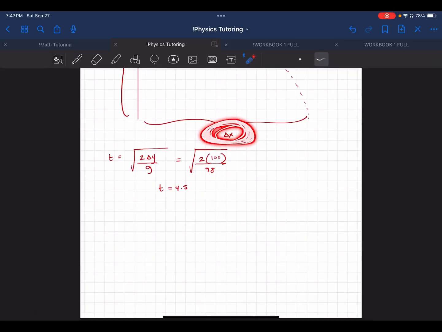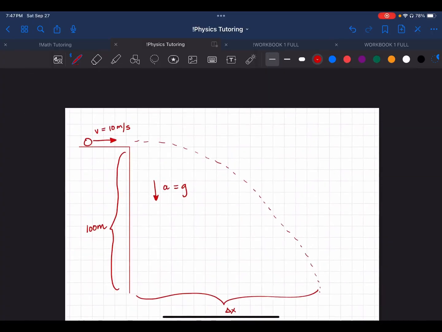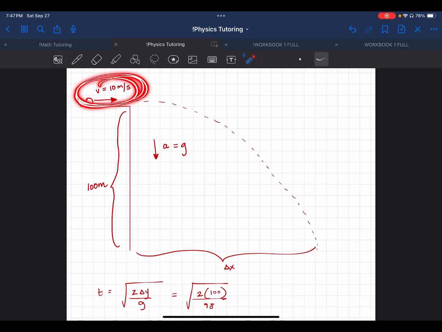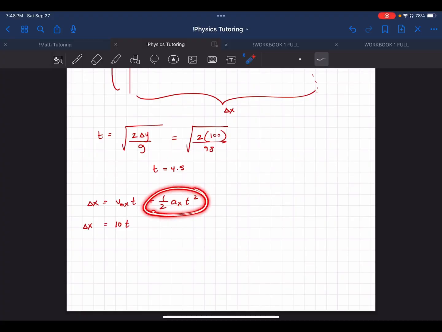So now the only thing that changes is that I have a change in x. This can be solved using this equation: delta x equals v0x t plus 1/2 a x t squared. I know that my starting velocity in the x is only 10, so 10 times time. And since I don't have any other forces, this is going to be 0 because there's no acceleration in the x.